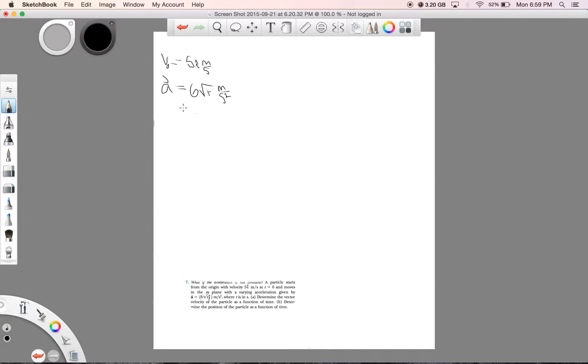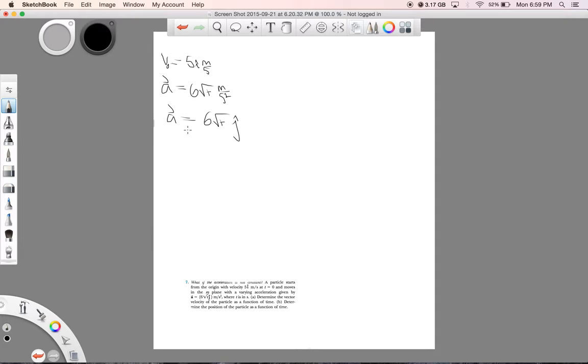So we start with the acceleration, and acceleration is a derivative of velocity. So we know that the acceleration is equal to 6 times root t j hat, which means that it's in the y direction.